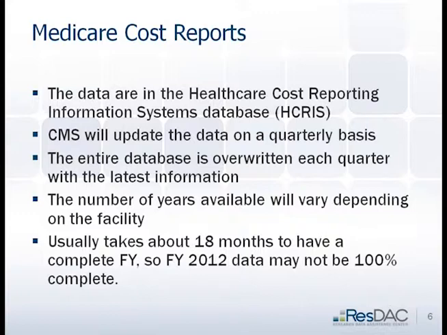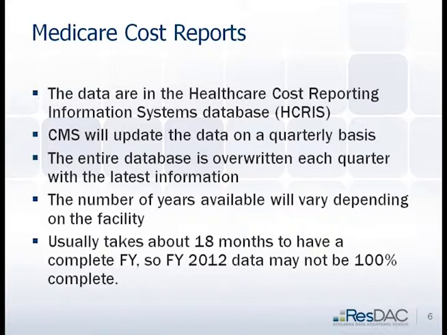So even if there might be changes happening, they might submit their first one, but between that first one and the next quarter, they've submitted a settlement. You're not going to see two in the database. It's going to be completely overwritten with whatever is the most current. So you don't have to work with understanding which one should I be looking at for a provider. Every quarter it's refreshed with what is the most current data available.